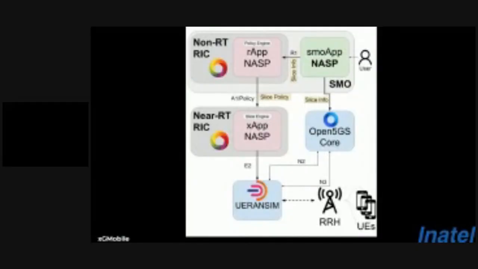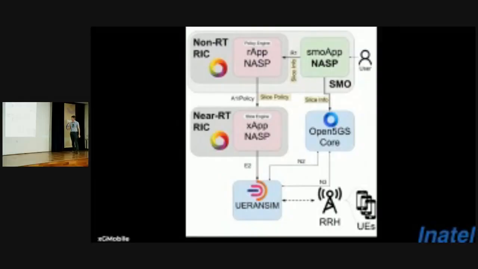To deploy the slice in the RAN, we will use RIC, non-RT RIC, and near-RT RIC. We are using the stack from the O-RAN Software Community. Basically, NASP sends to the non-real-time RIC slice information based on the GSMA specification.